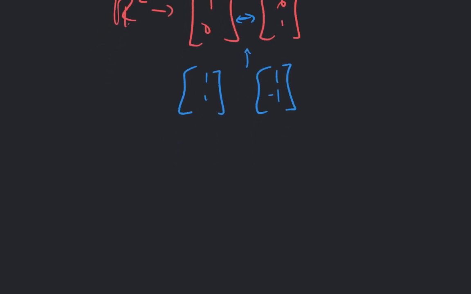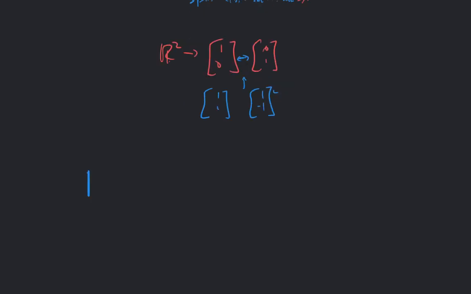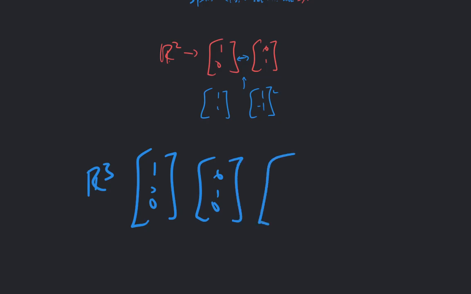In R3, the standard basis vectors are (1, 0, 0), (0, 1, 0), and (0, 0, 1). And these are all part of a set, like that.